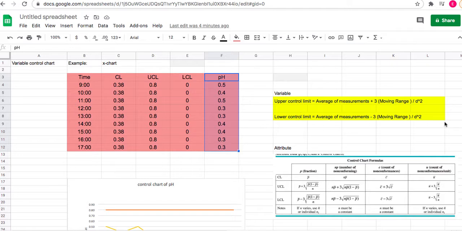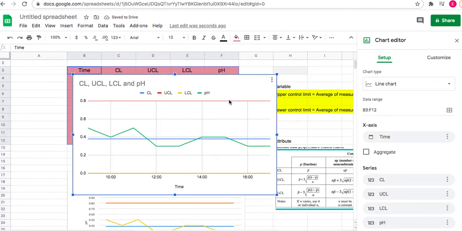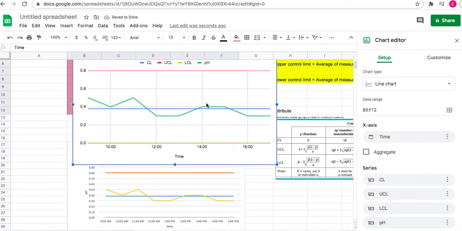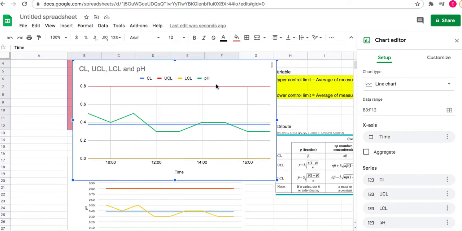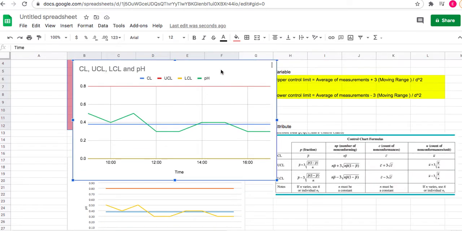Here is a formula to calculate the variable control limit, and for the attribute control limit, you have different formulas depending on what kind of control chart you are going to make. Once you have this data, you put it in a table, select the table, and insert a chart. Here we go. Okay, so you get a chart, right? Okay, this is not a good one.